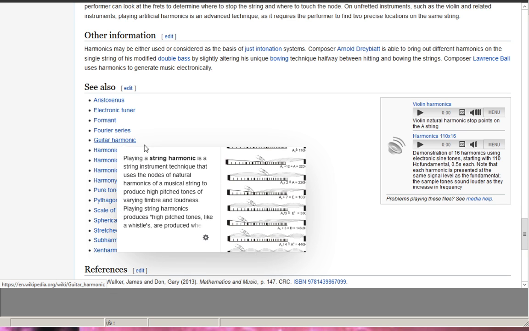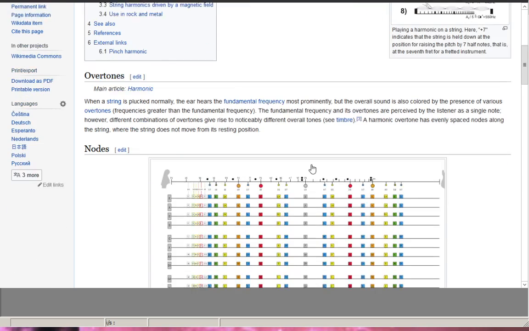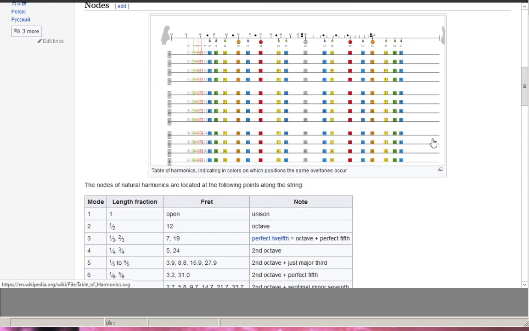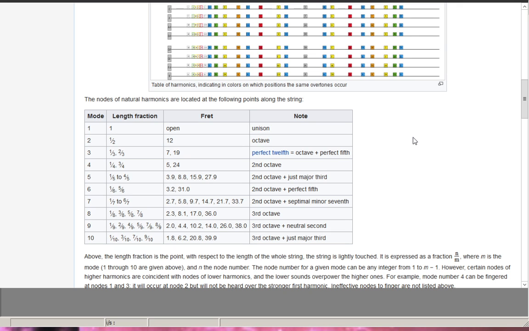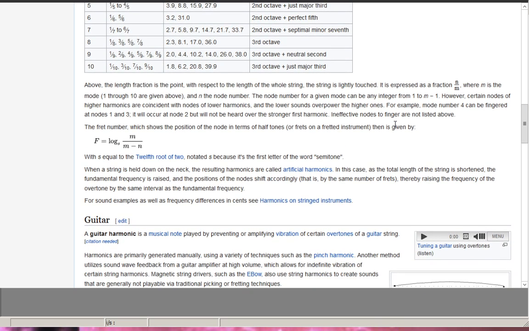Guitar harmonic. Well, there's an equation for the fret number, where S is equal to the 12th root of 2, S being the first letter of the word semitone.